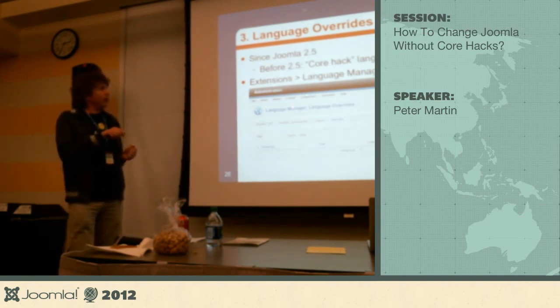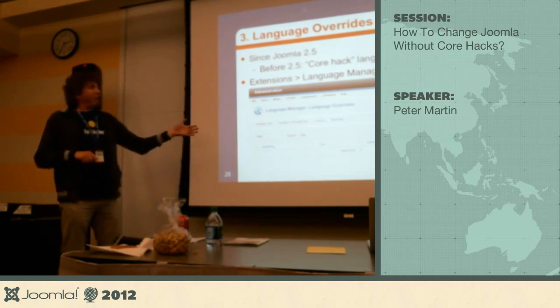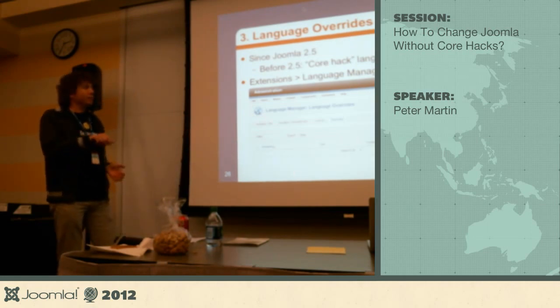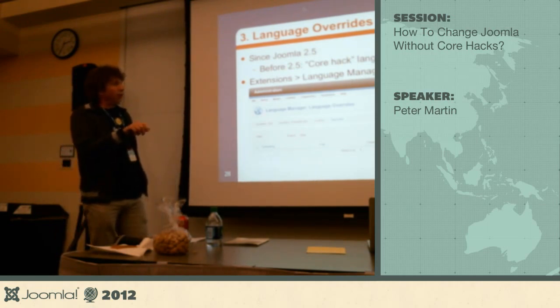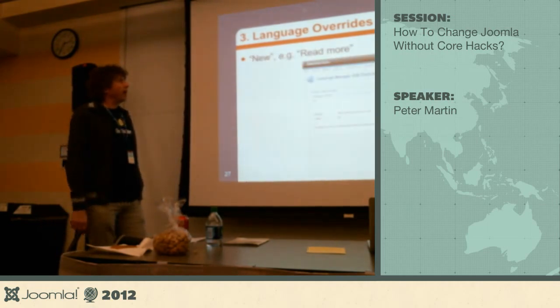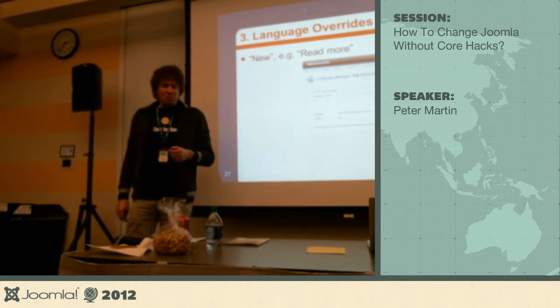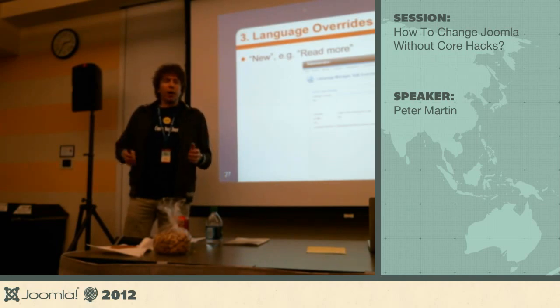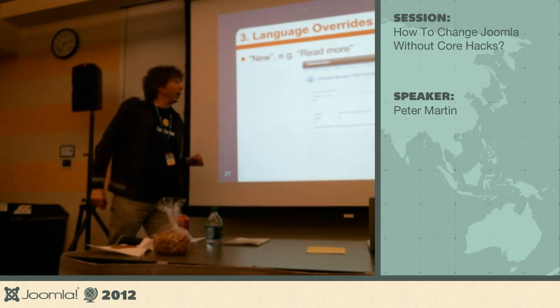But in 2.5, if you go to extensions, language manager, and then you have overrides here. If everything is well, you don't see anything here. But you can create your own overrides, you just say new. In my case, I don't like "read more", because I really don't like it. I would like to have it say "read much more".